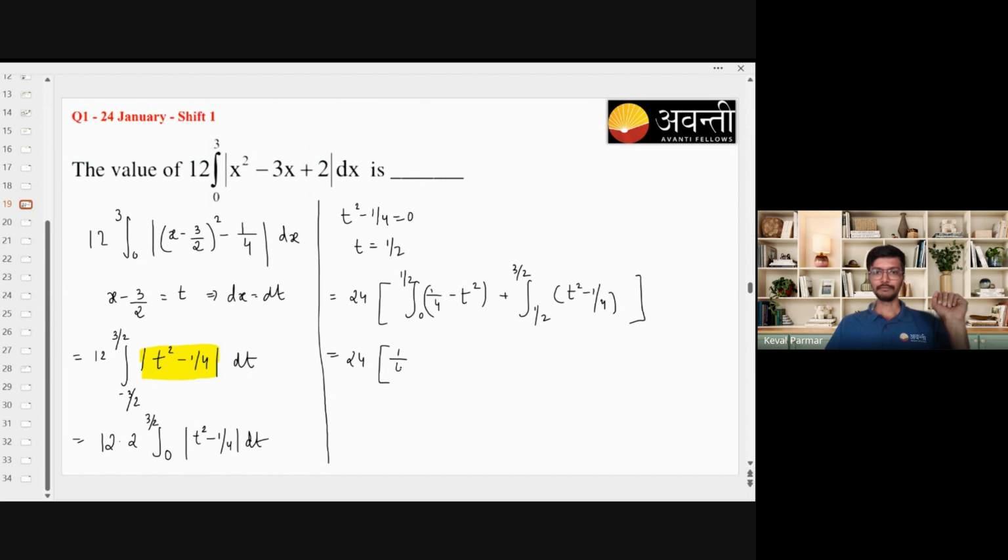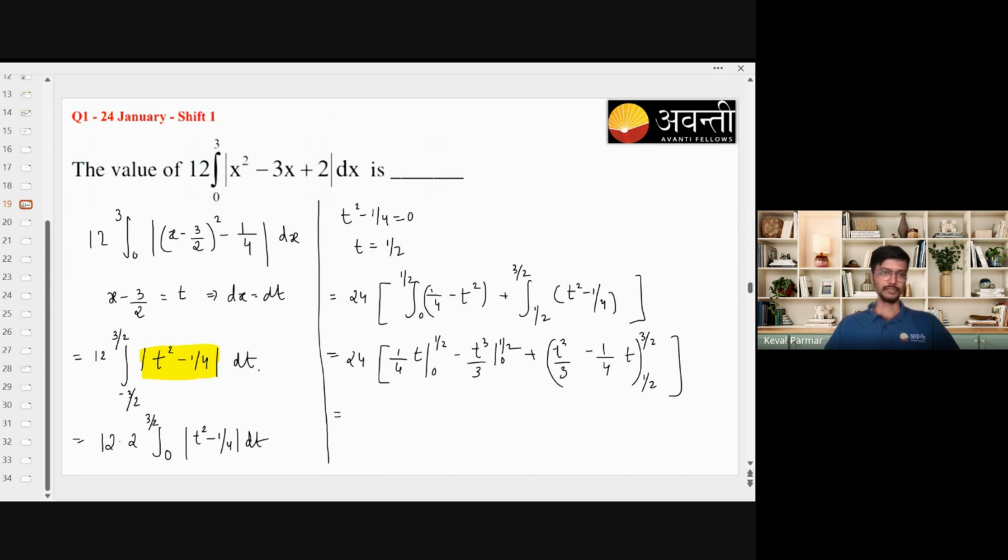So what we'll get, guys? We'll get 1 by 4 into t from 0 to half, minus t cube by 3 from 0 to half. We are integrating it, plus t cube by 3 minus 1 by 4 t from half to 3 by 2.